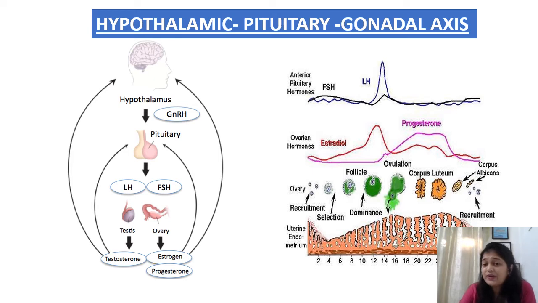So at the level of the uterus, on the second day, you have the egg recruitment, or follicle recruitment, that starts happening. At this point, FSH and LH begin to increase. Before the follicular phase, you also have the estrogen increasing.